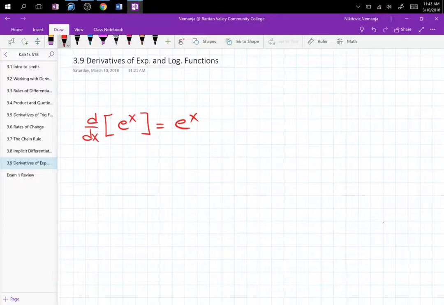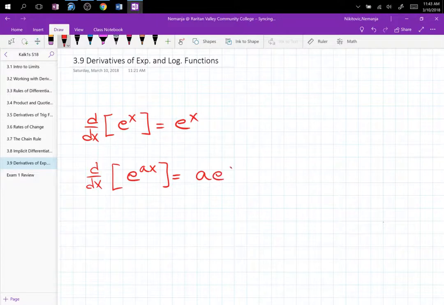And then we expanded that to include a constant in front, which is just a chain rule, but it's also a very specific chain rule because we can have the more general idea. So what would be the more general idea?